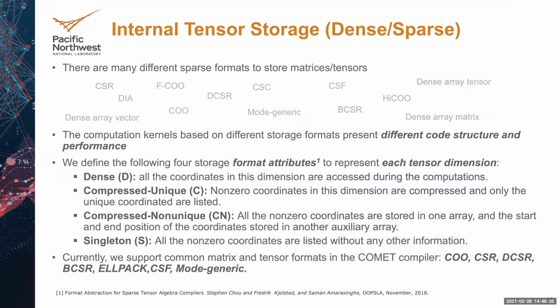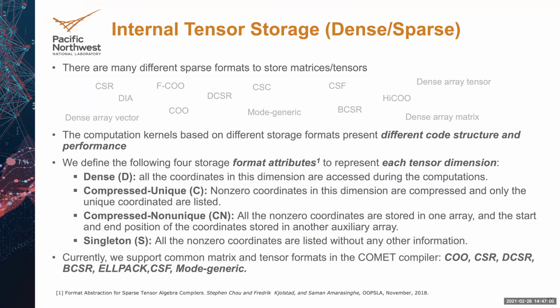As I mentioned before, there are a lot of sparse formats in the literature, because different storage formats represent different code structures and performance. But implementing different compilation passes per format in the compiler is difficult, and it is difficult to maintain.